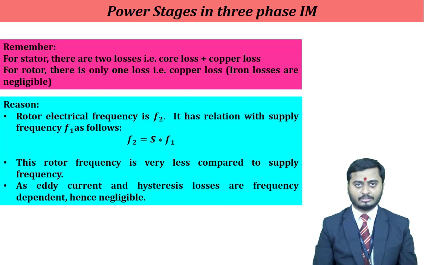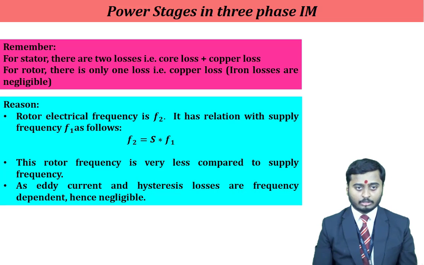Now you will ask me, sir, why are iron losses negligible at the rotor? The answer is, we know the frequency of the rotor current, denoted by F2 or F dash. The rotor has its own frequency F2, and it has a relationship with the supply frequency: F dash or F2 equals S into F1.